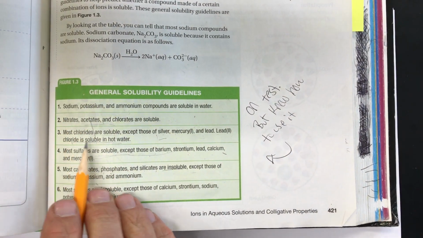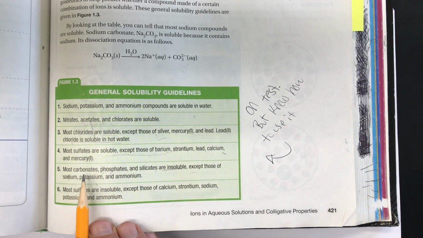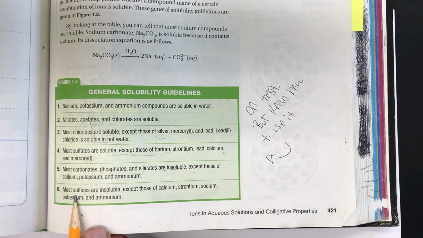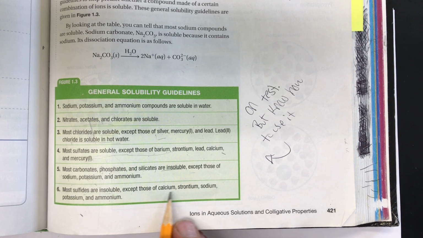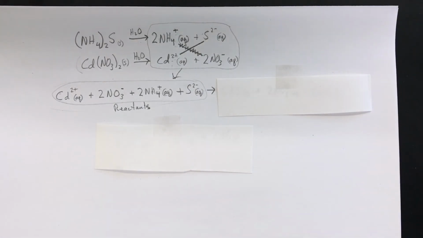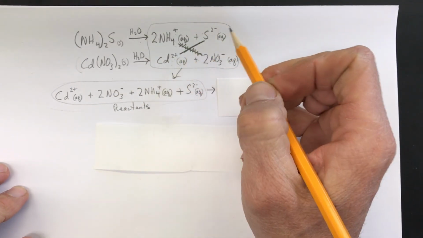Sodium nitrates, chlorides, sulfates, that's not sulfide. Carbonates, nope. Sulfides. Sulfides are insoluble. There are some exceptions, like the one we had with ammonium, but cadmium is not one of the exceptions. So cadmium sulfide is going to be our precipitate. These two are going to form a precipitate.